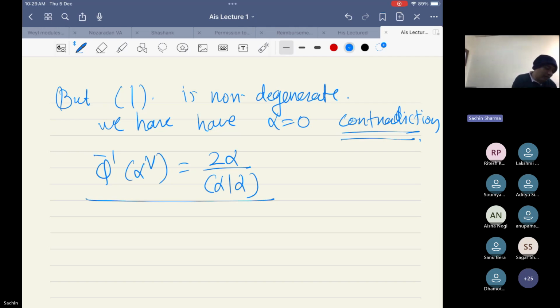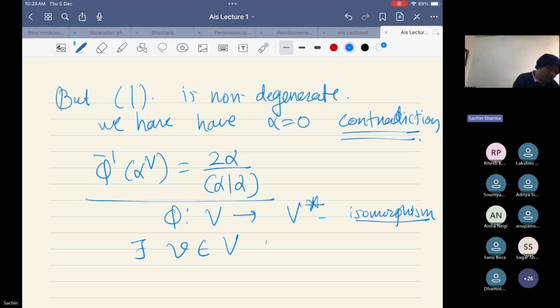So note that alpha check of some v is equal to, so as phi from V to V star is an isomorphism, there exists v belongs to V such that phi of v is equal to alpha check.